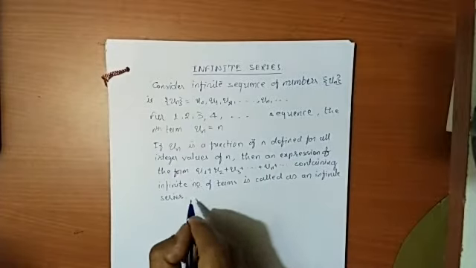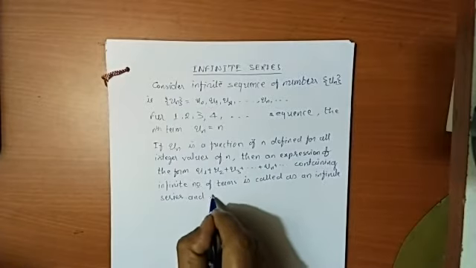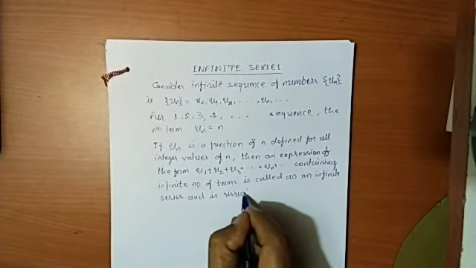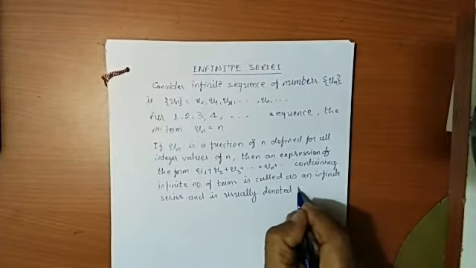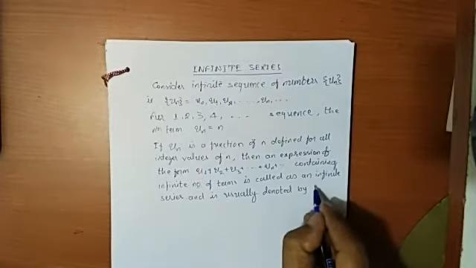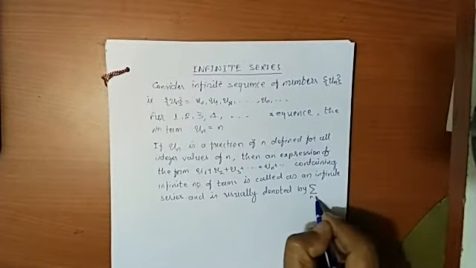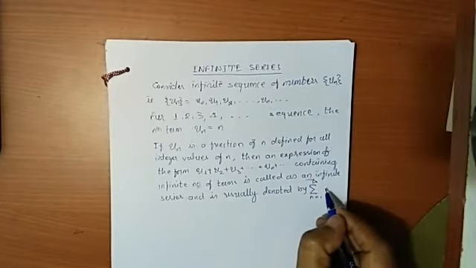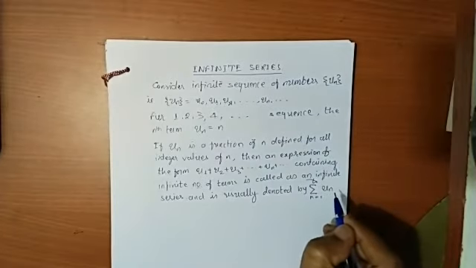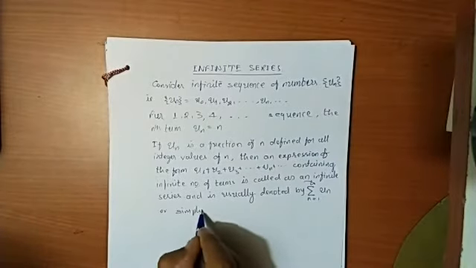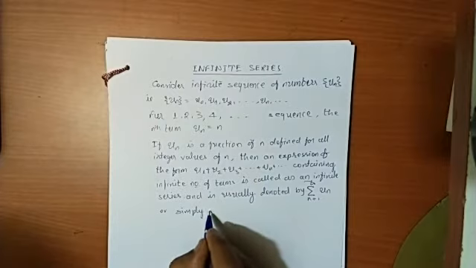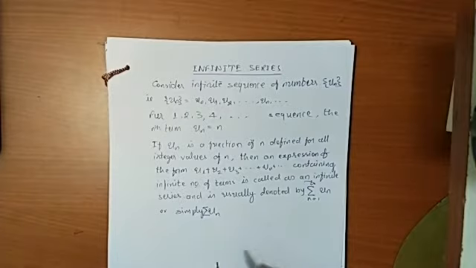It is usually denoted by sigma n from 1 to infinity un, or simply sigma un.